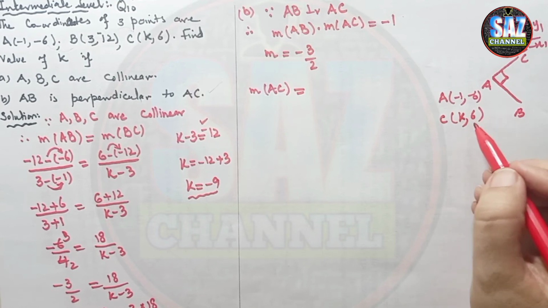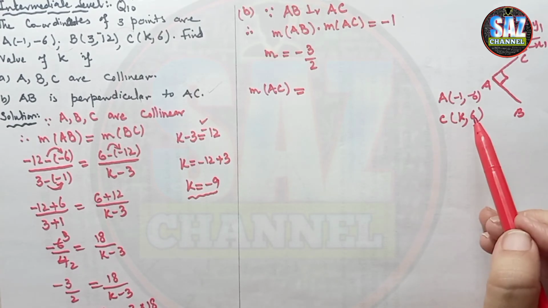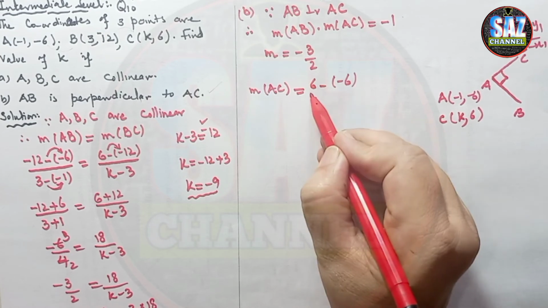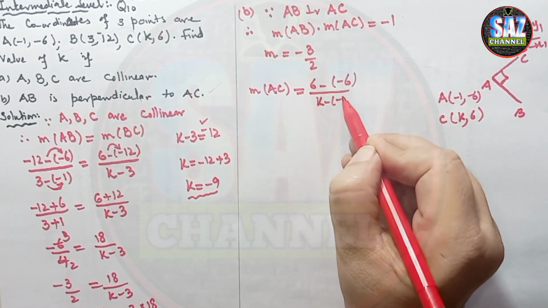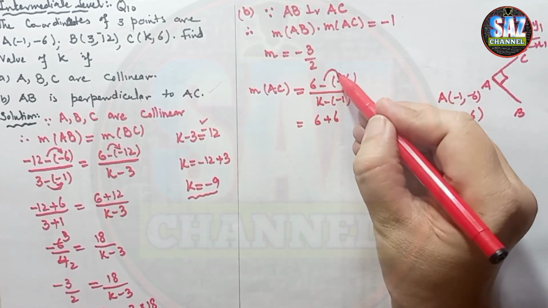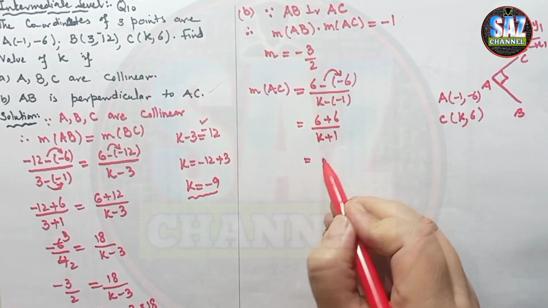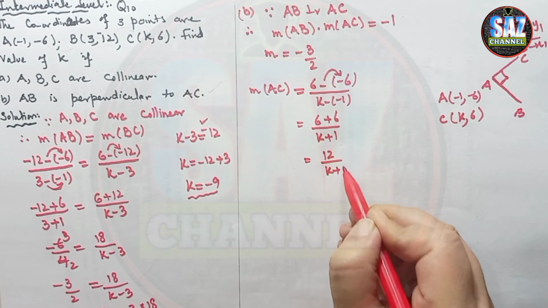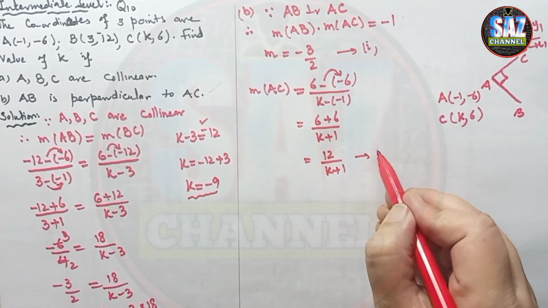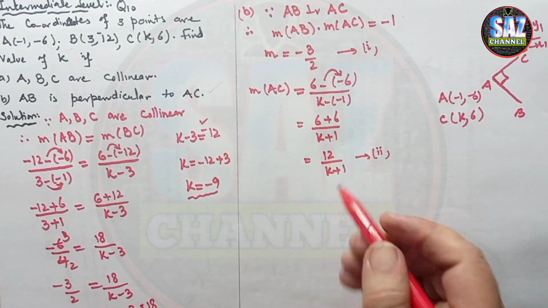Now y2 minus y1 is 6 minus minus 6 upon k minus minus 1. This is 6 plus 6, minus multiplied by minus will be positive, upon k plus 1, which is equal to 12 upon k plus 1. Let it be equation 1 and this be equation 2. Always give such references so that the examiner can understand your working easily.